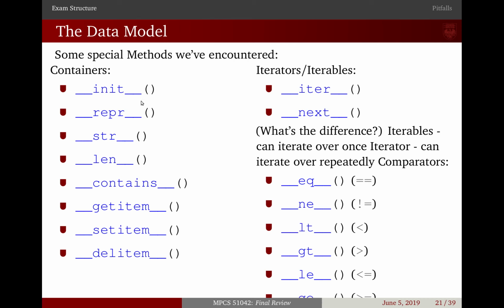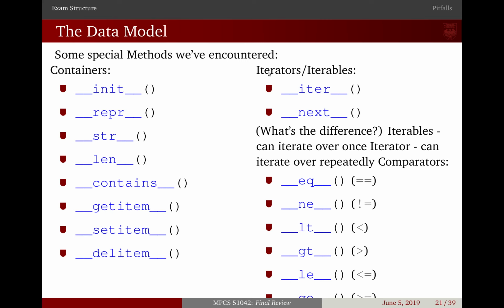So for things like init, we know that when we're creating a new class, it's going to call init to create a new instance of that class by default. For representation or string, when we call print, those methods are going to be accessed. For length, it's going to have a specific way to return its own length. Contains, get item, set item, delete item are all important for these different containers that we work with.